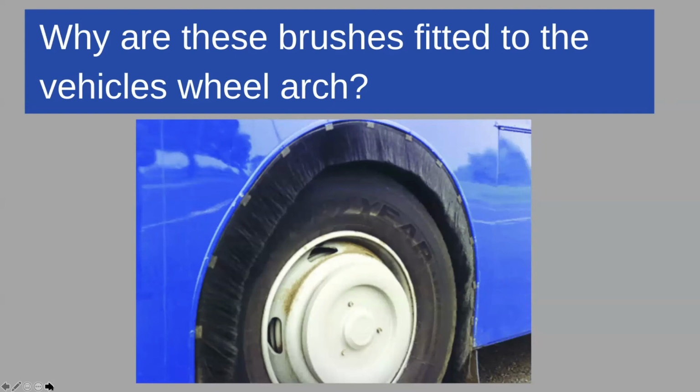So what are these brushes? Why are these brushes fitted to the vehicle's wheel arch? So this is spray suppression equipment. It stops so much spray being thrown up from water. So if the roads are wet, it stops so much spray being thrown up to other road users.